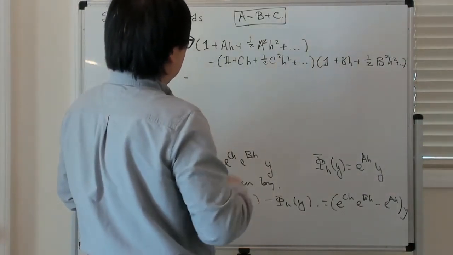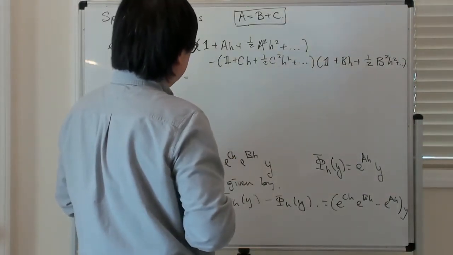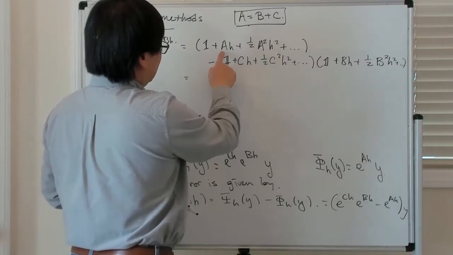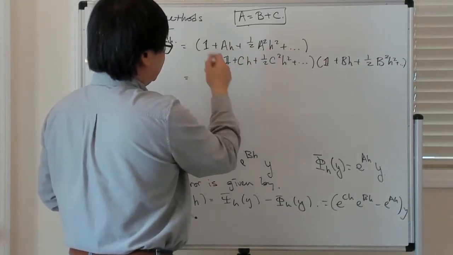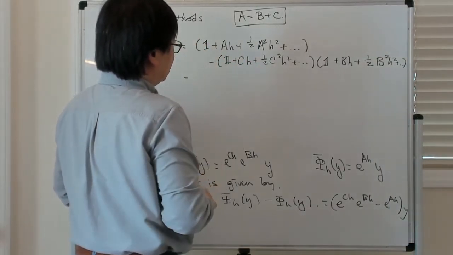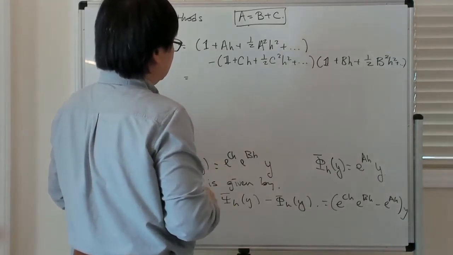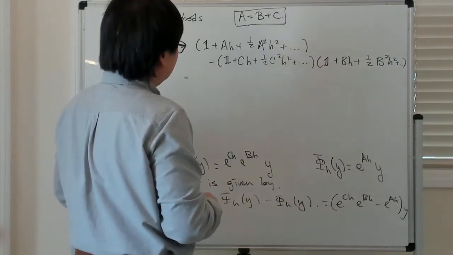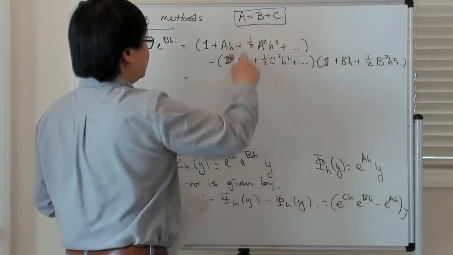Then the term which is linear in h is basically ah minus ch minus bh, which is of course 0 because a is equal to b plus c.